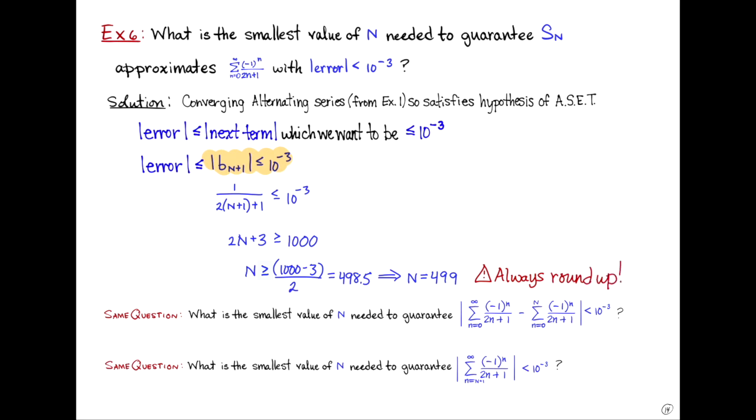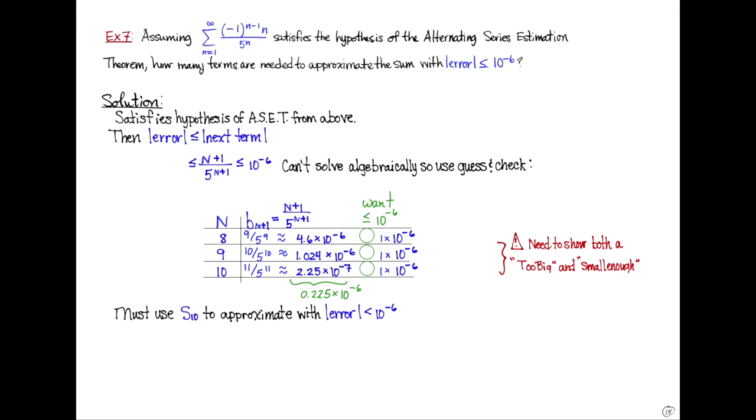In this example, we were lucky because we could easily solve for n algebraically, but that's not always the case. So let's do an example where you can't solve for n algebraically. A lot of times when you're using the alternating series estimation theorem, I'll go ahead and just tell you that your series satisfies the hypotheses of the alternating series estimation theorem.